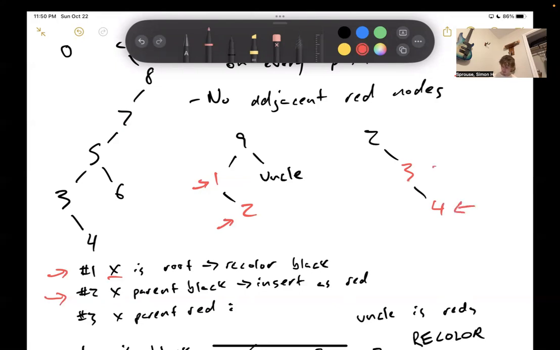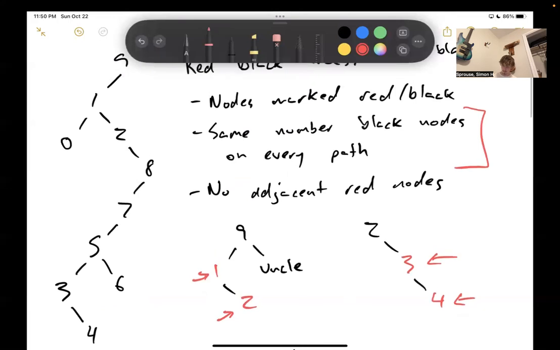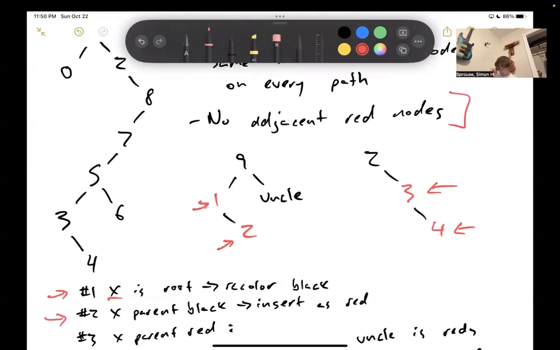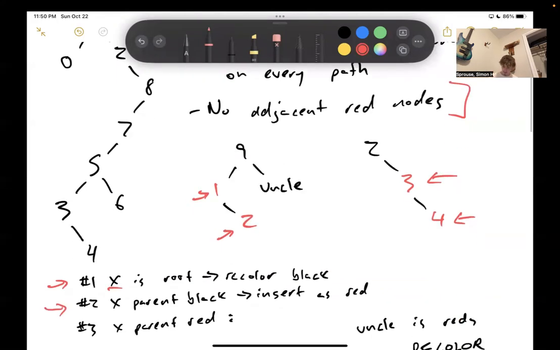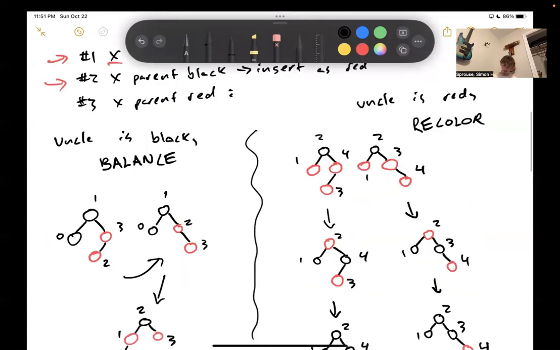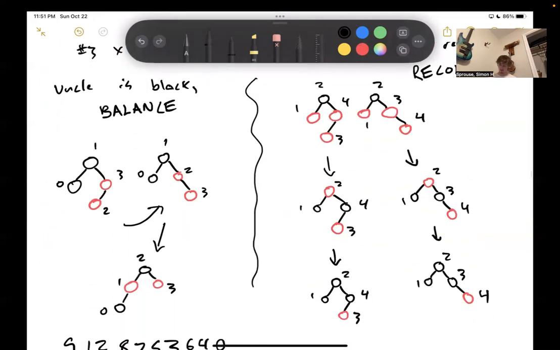This is going to cause you the same issue, because remember, it's not this one. This causes you this issue, no adjacent red nodes. In this situation, you would then need to consider, what is this uncle right here? So these are these 2 cases, and this is probably the most difficult part about red-black trees.